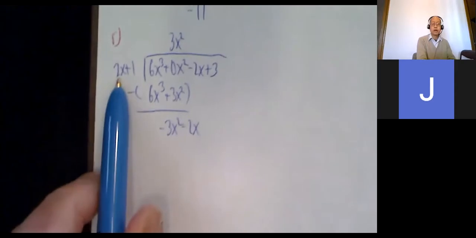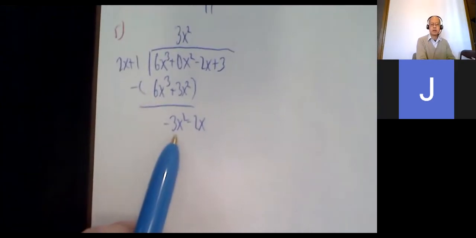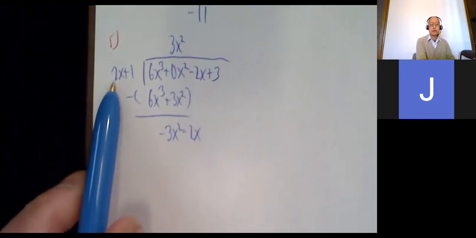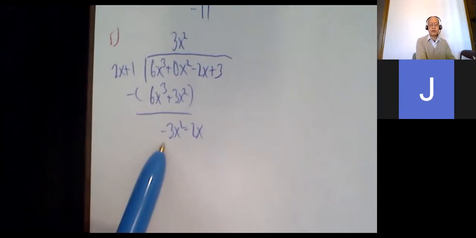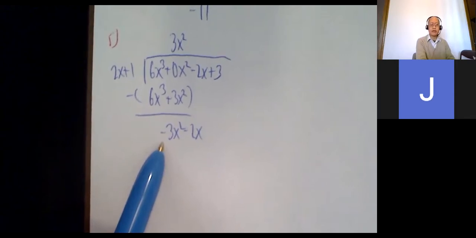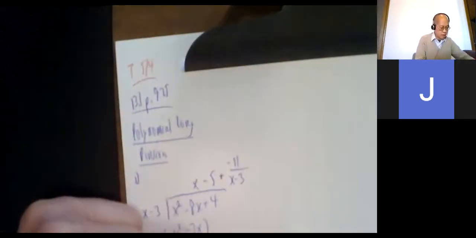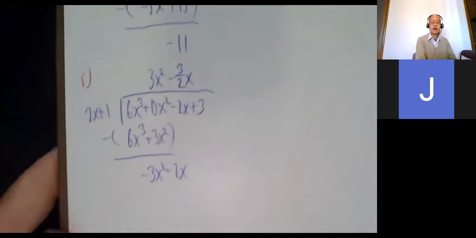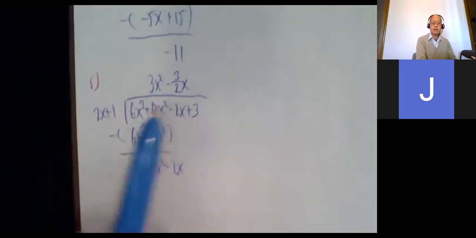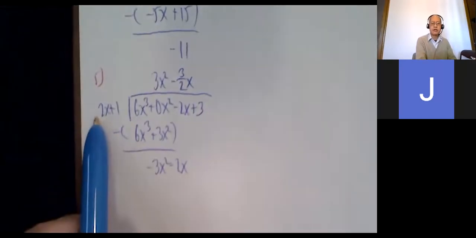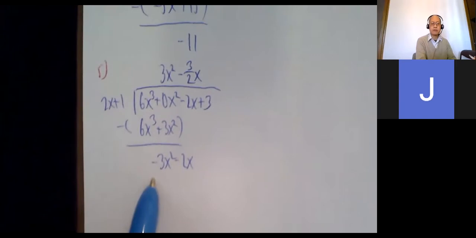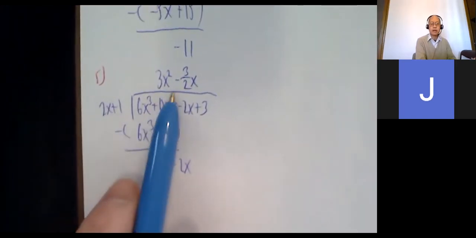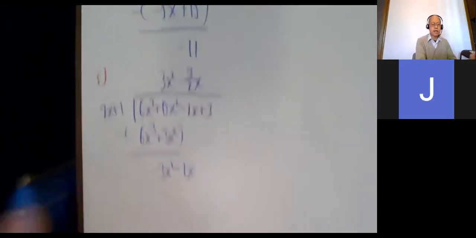So how do you go from here to here? Well, it looks like I got a fraction. To go from 2 to negative 3, you have to multiply by negative 1.5 or negative 3/2. A little bit uncomfortable. And an x. So negative 3/2 times 2 is a negative 3, so that works. Now I take this times this whole thing. So negative 3/2 x times 2x is a negative 3x squared.